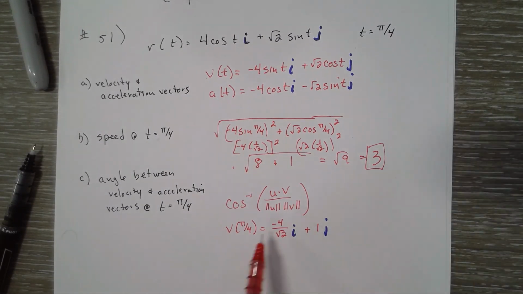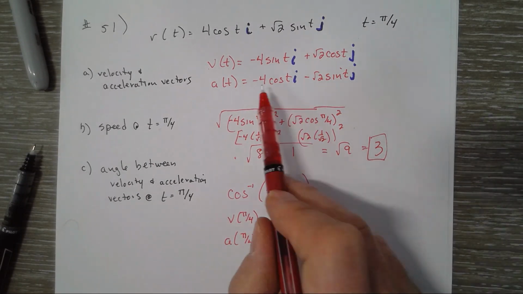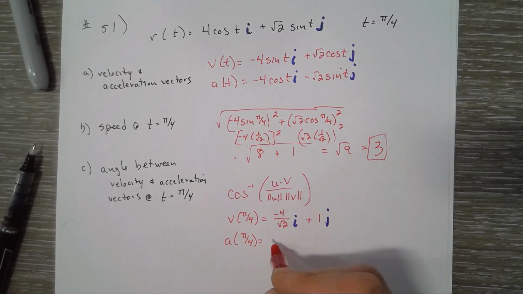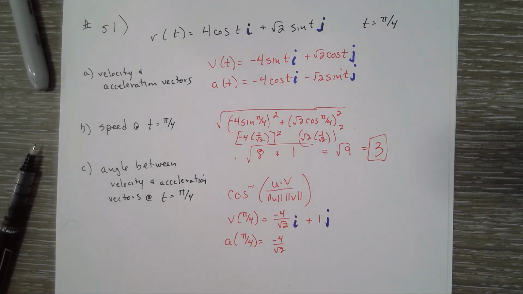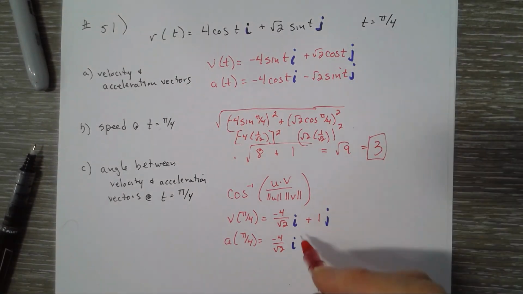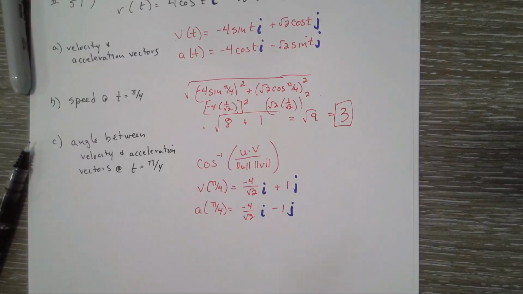And our acceleration at pi over 4 is negative 4 over square root of 2 again. So negative 4 over square root of 2 i, and then minus 1 j. Alright, so we're ready to use our formula here.